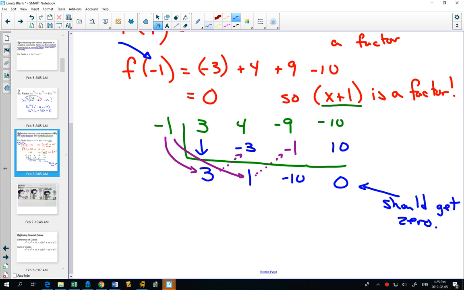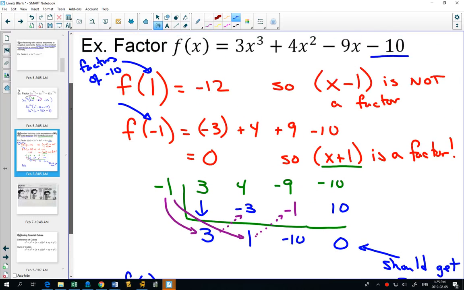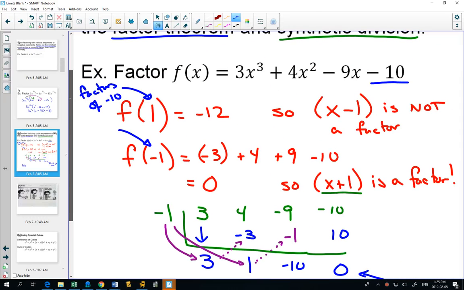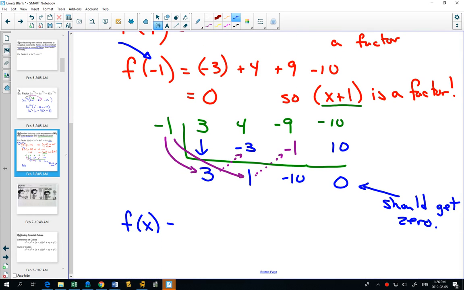If you were right and it was a factor, you should get 0, because that last number represents the remainder. And the numbers that are left represent what you get after dividing. Because synthetic division is dividing, and what we've done is we've figured out that f of x, which was originally 3x cubed plus 4x squared minus 9x minus 10, we have in fact factored out the x plus 1, which we knew was a factor, and the synthetic division says what's left? 3x squared plus 1x minus 10.